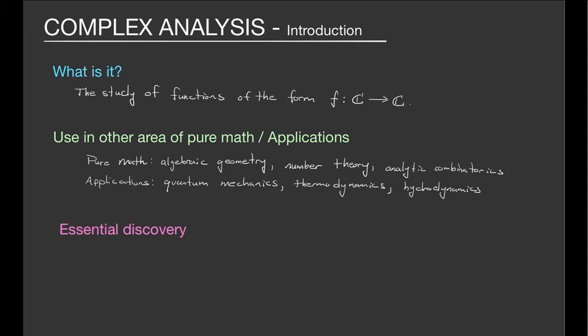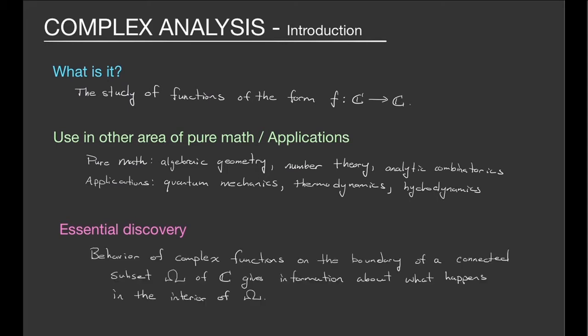Now, what is the essential discovery of complex analysis that's really surprising and sort of powerful? It's the fact that you can say something about a complex function over a given area in the complex plane by looking at what happens on the boundary of that area.